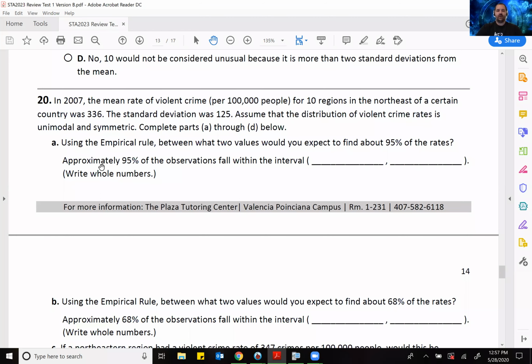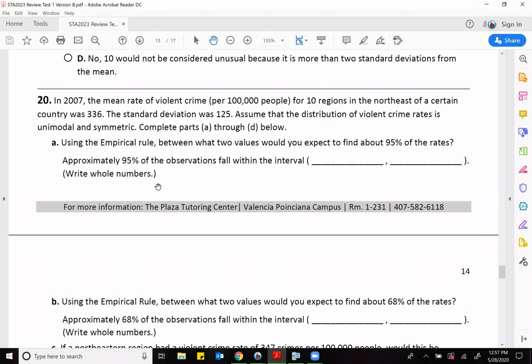It says, where is 95% of the data going to fall? 95 is two standard deviations.